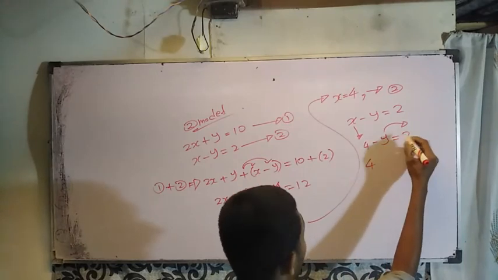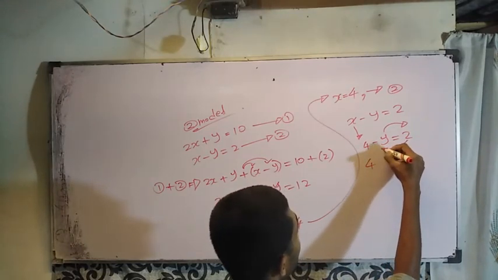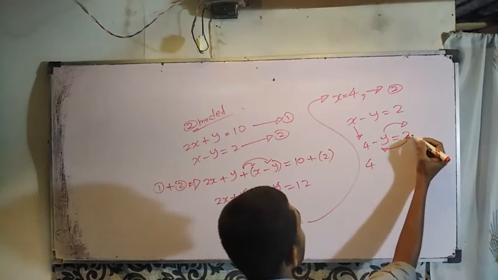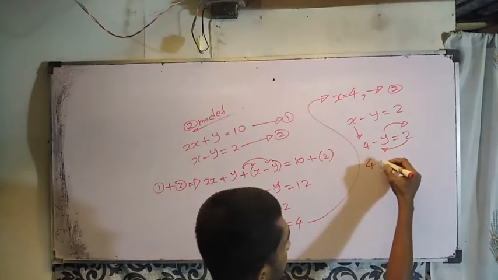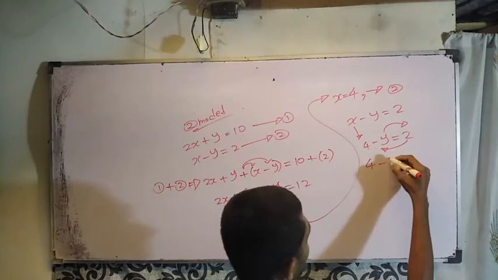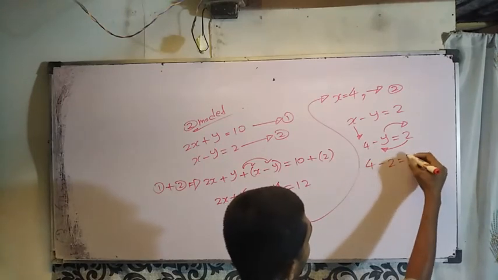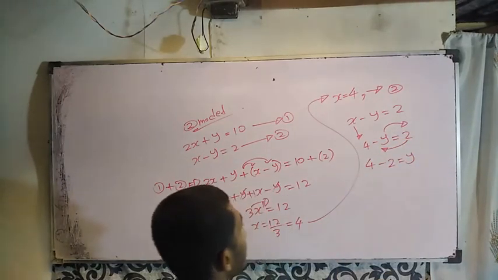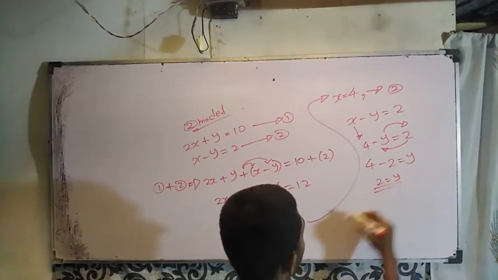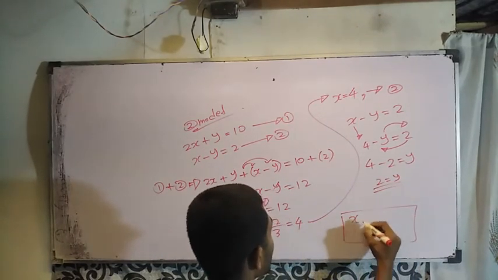While you move minus y to the other side, there is another procedure too: this 2 also you have to move from this side to the other side. It is also a very necessary thing. When you move this 2 to the other side, it should be minus 2. Now minus y moves to the other side, it should be positive y. Now 4 minus 2 is equal to y, so y is equal to 2. Now you can make a summary box: x is equal to 4, y is equal to 2.